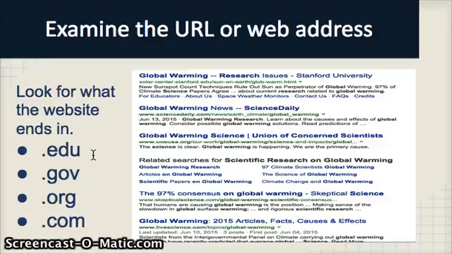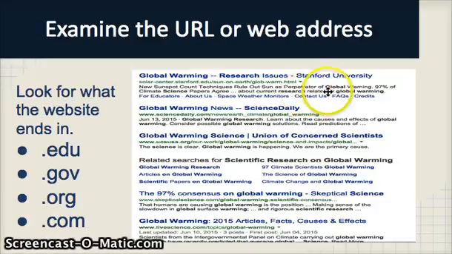We have .edu, educational institutions such as universities, which are generally reliable; .gov, government agencies; .org, which could be nonprofit organizations, some are unbiased and some have agendas; and .com, business. Some are reliable and some are not. These sites tend to have more advertisements and can be made and owned by anybody with less regulation, so just remember that.